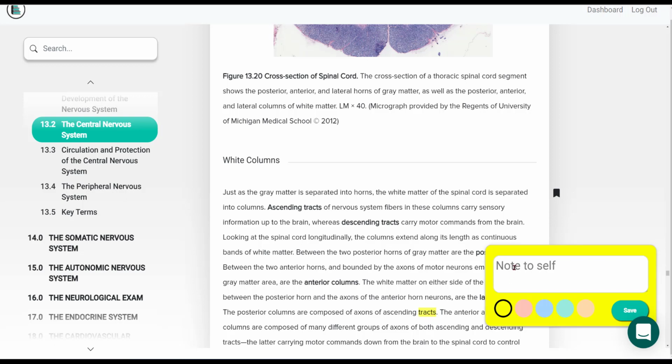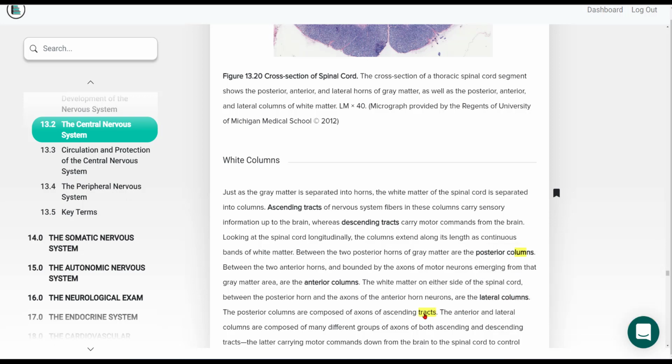So remember, a tract is a bundle of axons in the CNS. What is the equivalent term? In the PNS, right, we would call this a nerve. But in the CNS, we're going to call it a tract. So we have bundles of these axons traveling up and down through the spinal cord.